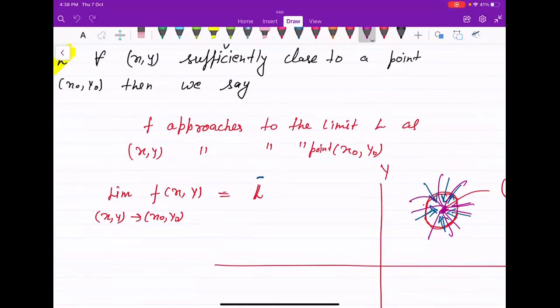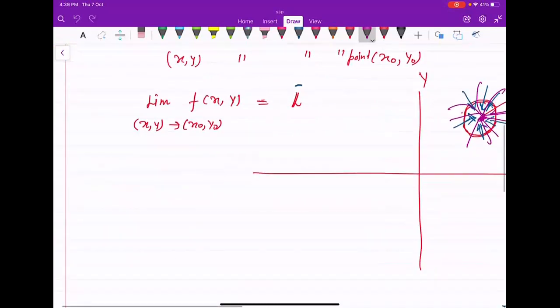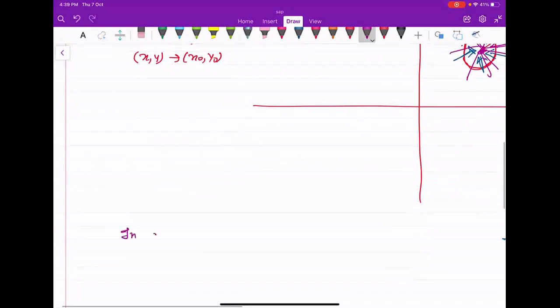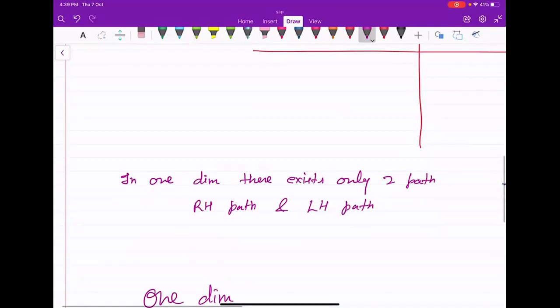So, in one dimension there exist only two paths, the right hand path and the left hand path. But it is not the case with a function of more than one variable.